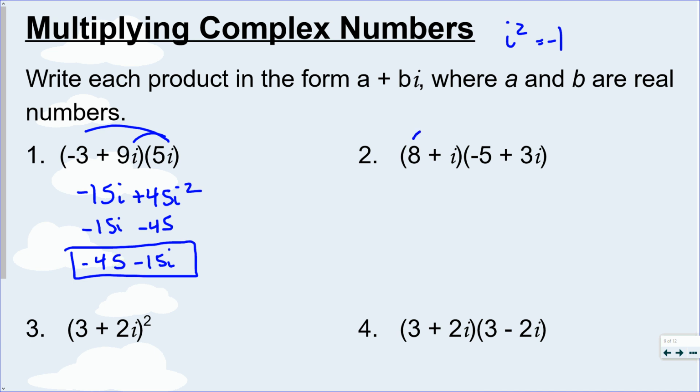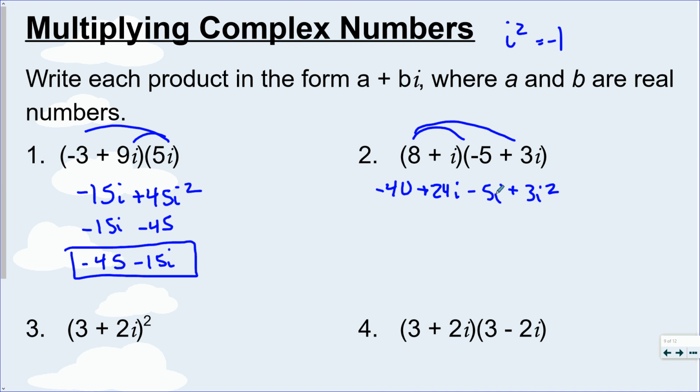Like this one. Let's write it out. Minus 40 plus 24i minus 5i plus 3i squared. Okay, no problem there.